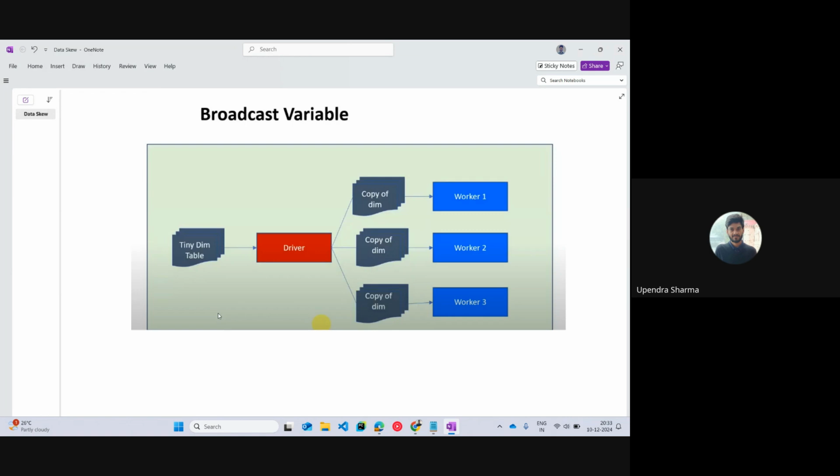So let's say one table is of only 2 MB in size, and another table is 20 GB in size. Now, if I want to join these two tables, what I will have to do is I will have to shuffle this 2 MB table and the 20 GB table across all the cores in the Spark, right?